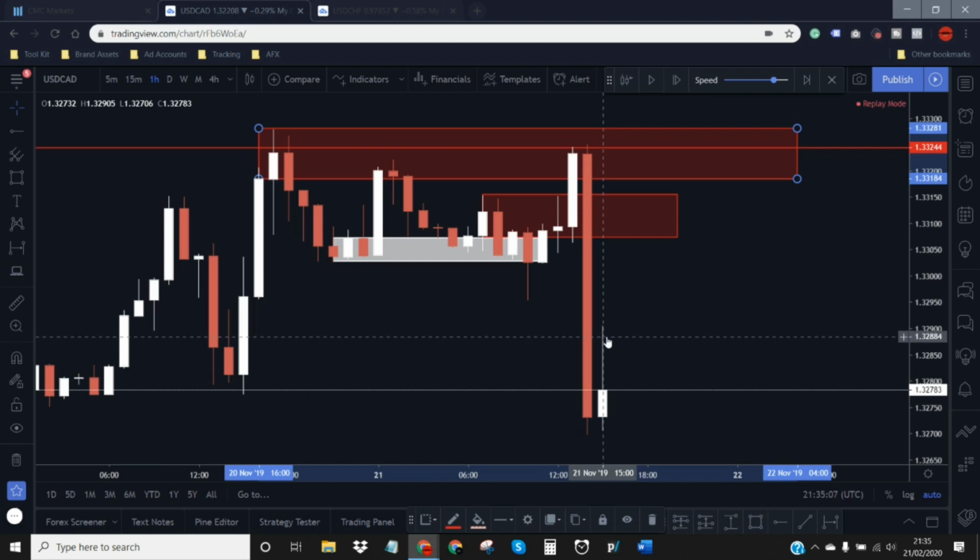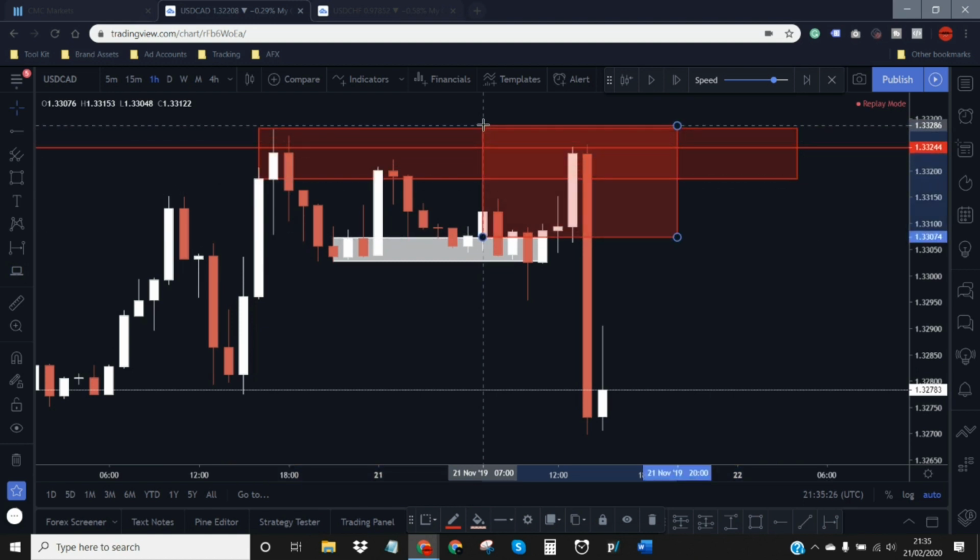So here's something you can also do. If the birth and the origin of the move are quite close together in terms of the structure, you can encapsulate both within your zone and short from the proximal line of the birth all the way to the high of the origin. That would be your shorting area.